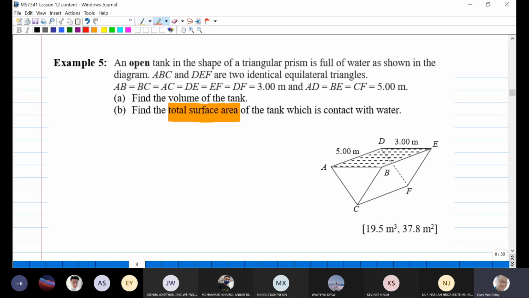That means the area in contact with the water is actually this surface here, the triangle surface.